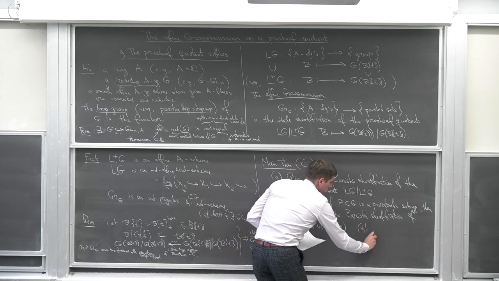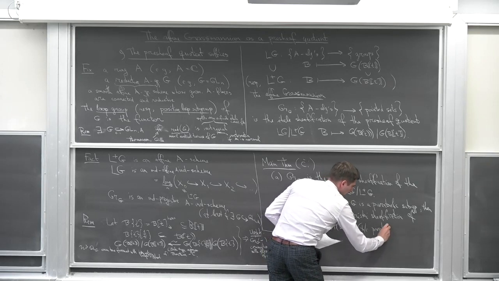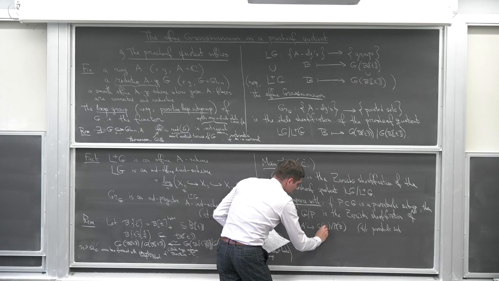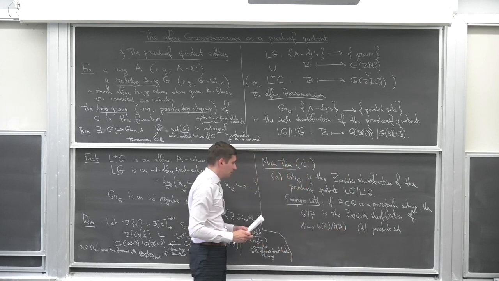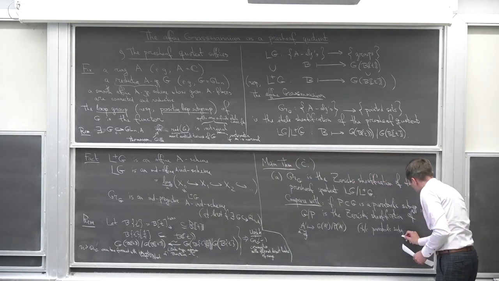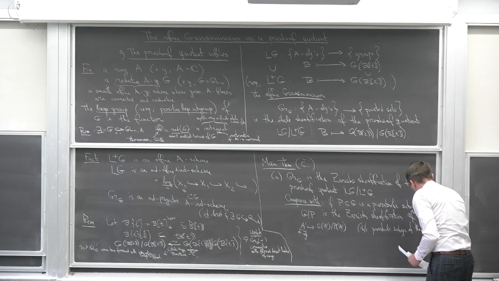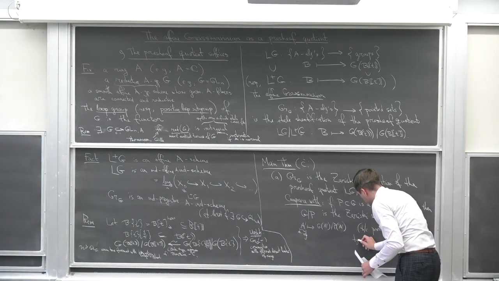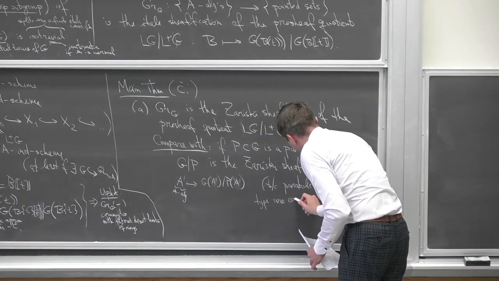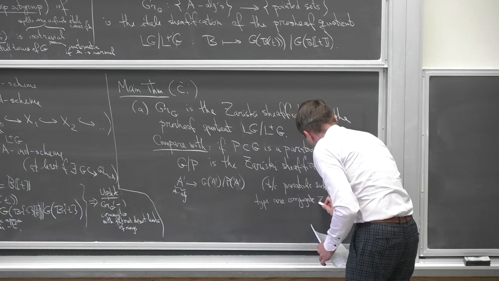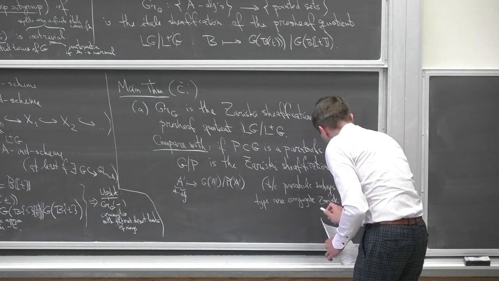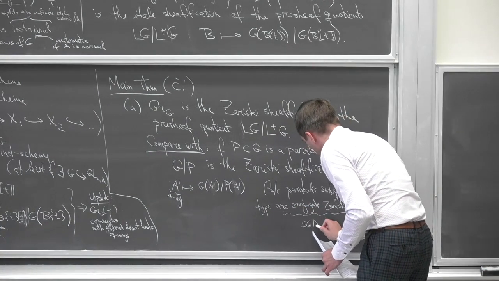And this is because parabolic subgroups of the same type, and this type is combinatorial, I mean, just think of types of Weyl groups, are conjugate Zariski locally on the base A. This result is from SGA 3.